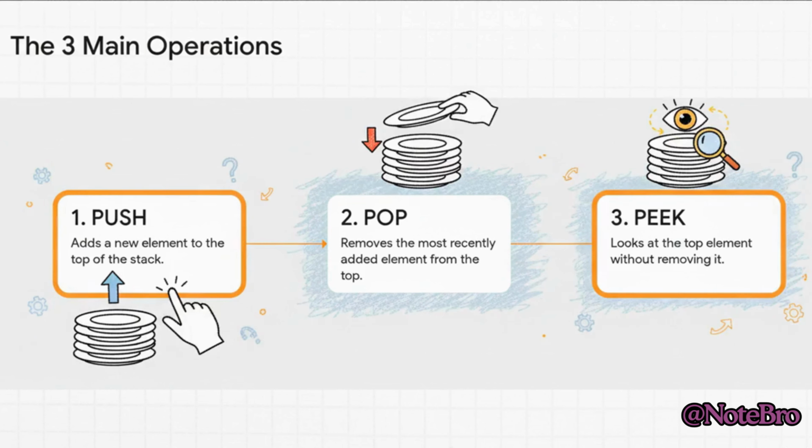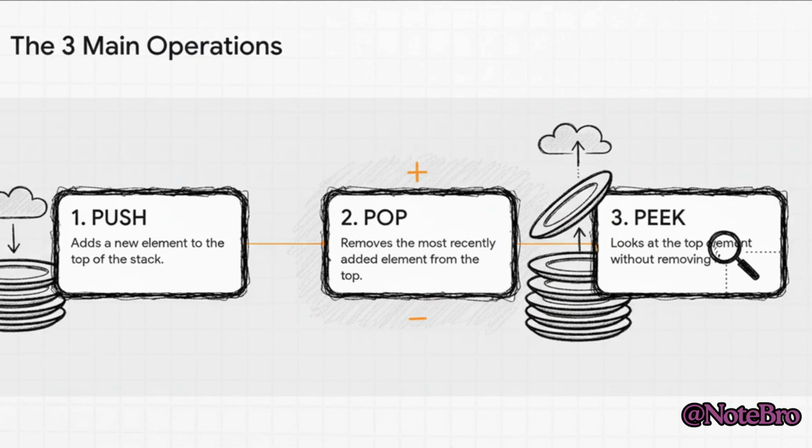Next, you've got the opposite of push, and it's called pop. When you pop the stack, you're just removing that top item. You're taking that plate off the top to go use it. And finally, there's peek. This one lets you just look at the top item without actually taking it off. It's like checking the pattern on that top plate before you decide if you want it. So you push to add, pop to remove, and peek to look.